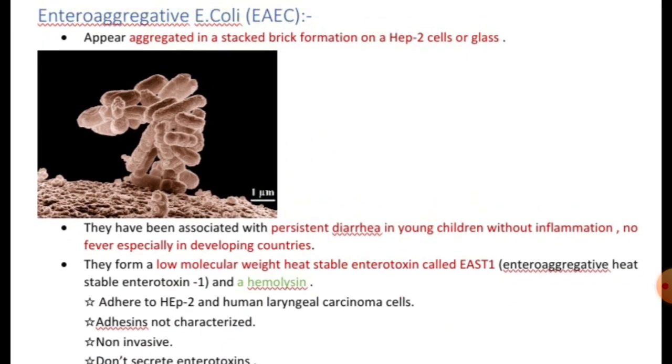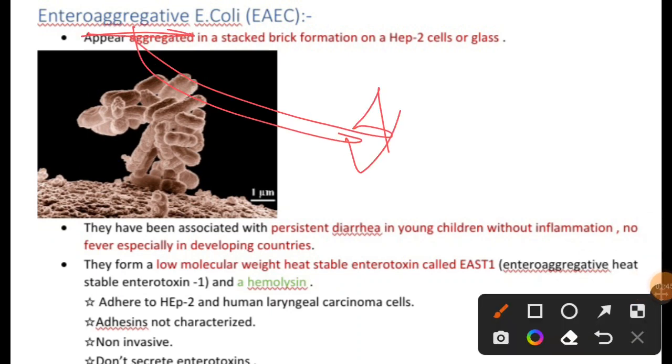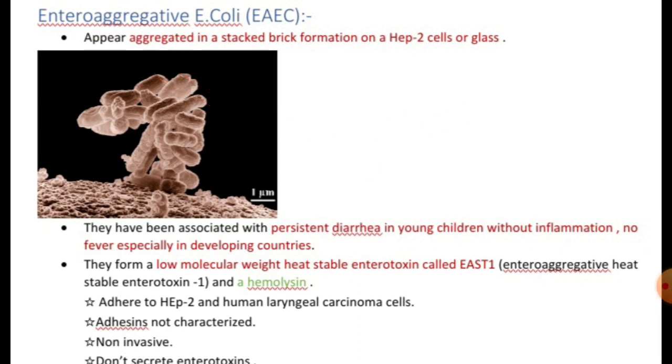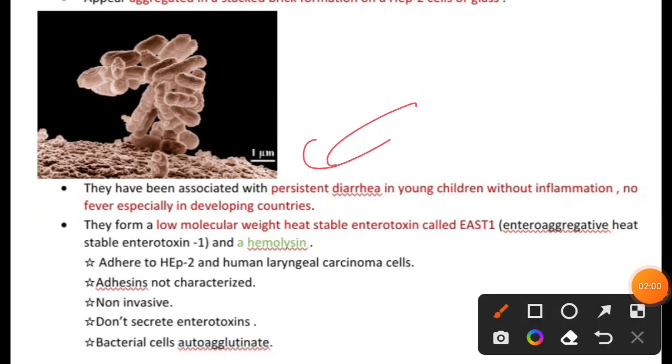So that is all about enteroaggregative E. coli. You can remember by its name, enteroaggregative, which means it has the ability to aggregate. They appear in aggregation like a stacked brick formation on HEp-2 cells or glass, and they cause persistent diarrhea in young children without any inflammation and fever, especially in developing countries.